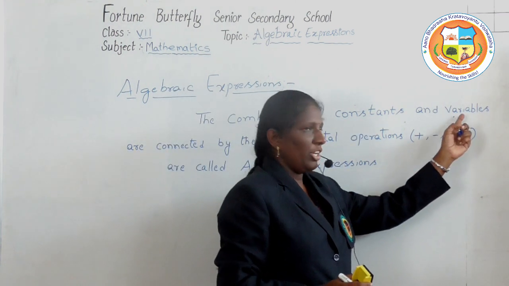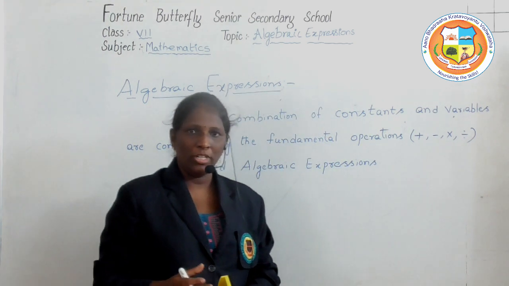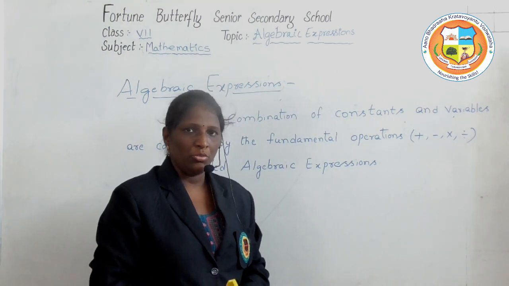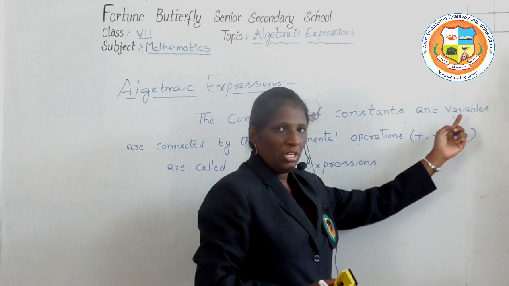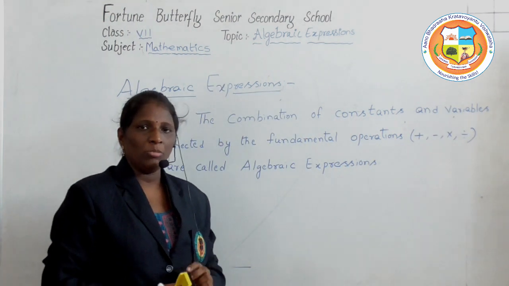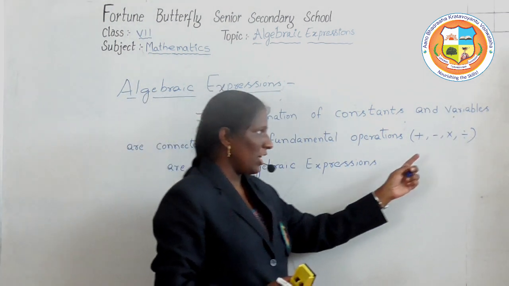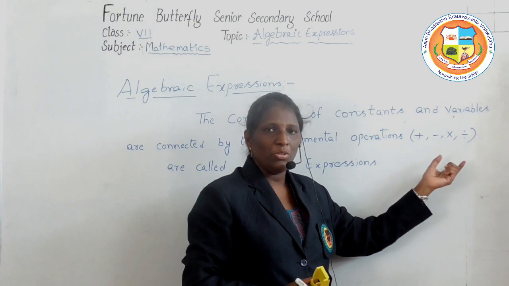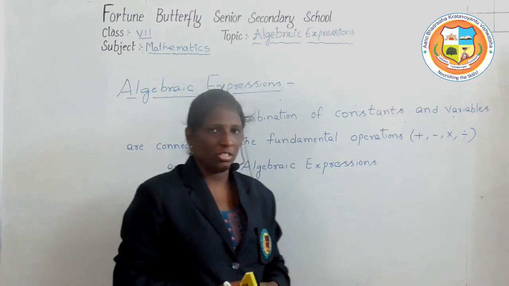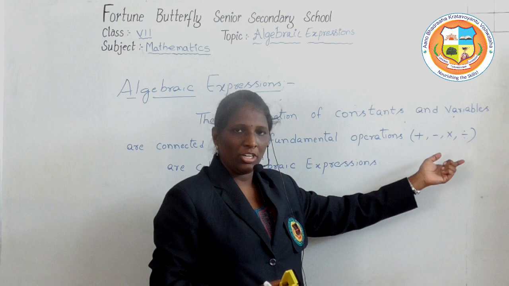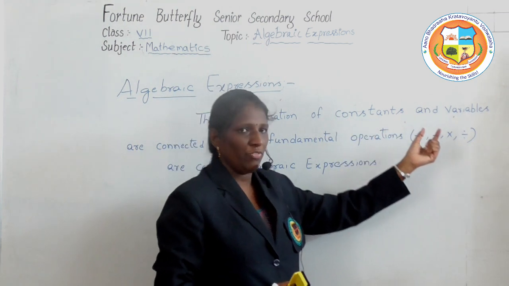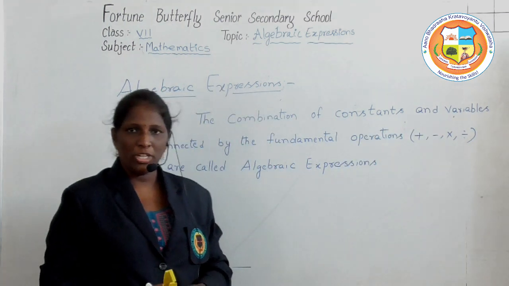Next, variables. Variables means English alphabet letters, lowercase letters, a to z. These are connected by the four arithmetical operators: addition, subtraction, multiplication, and division. When constants and variables are connected by these four operators, it is called an algebraic expression.